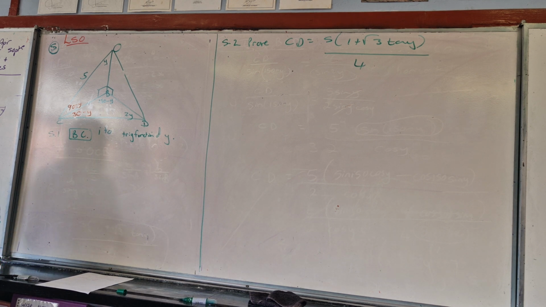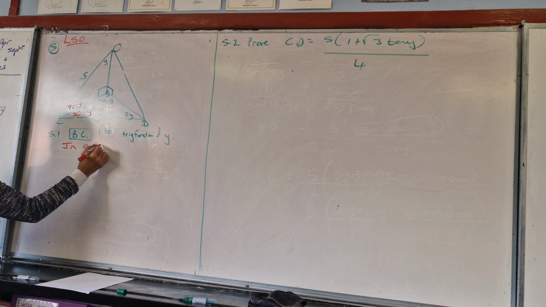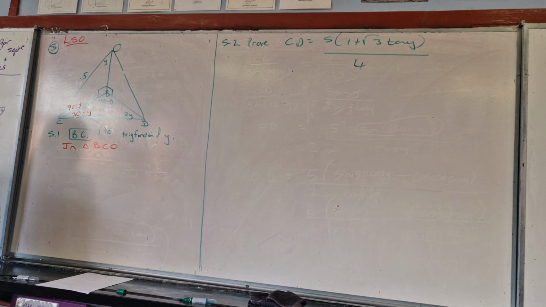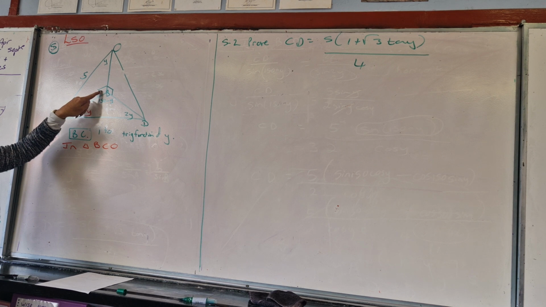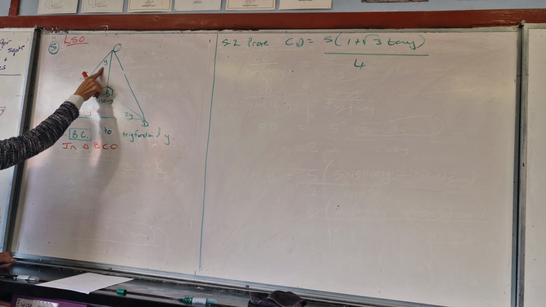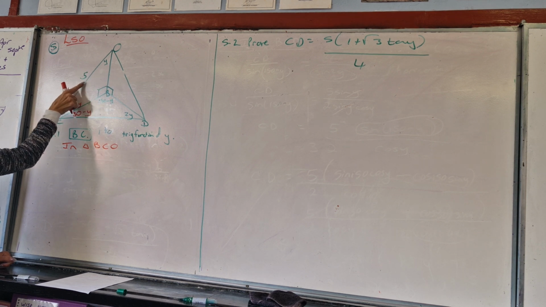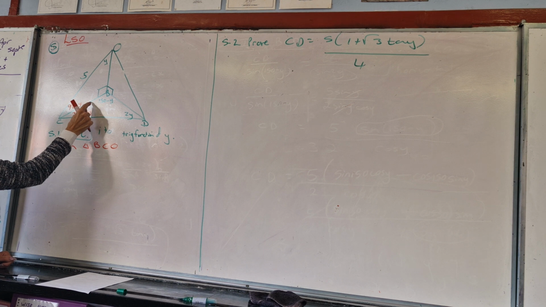So to find BC in triangle OCB, or however I'd like to call it, can I use grade 10 stuff? Yes. Because it's a 90-degree triangle, I can use the grade 10 stuff. So I could say, with my angle y that was originally given, with this side, which is the hypotenuse, and this side I'm looking for is the opposite.